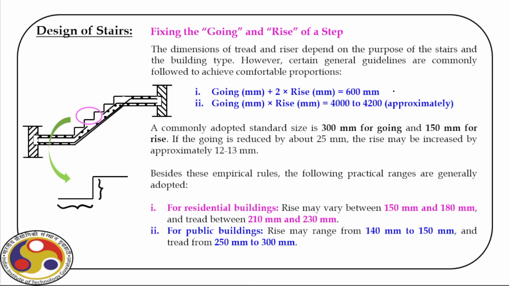The most important guideline for the design of tread and rise is here. Sometimes we call going in place of tread. So going in millimeter plus 2 times rise should be 600 millimeter, and tread or going times rise should be 4000 to 4200.